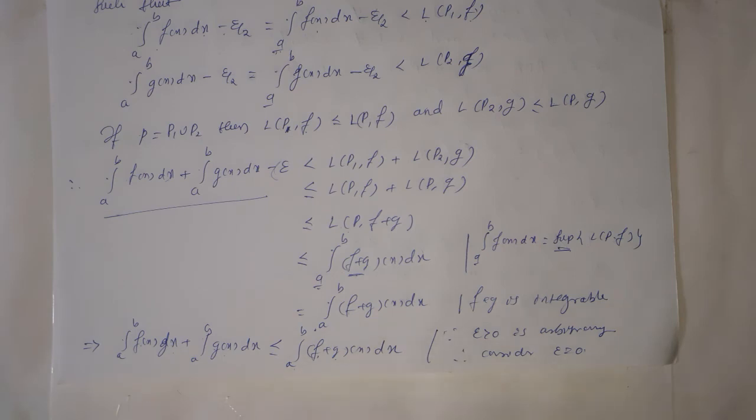Now, we need to prove that these two are equal. We have proved that this one is less than or equal to the integral of f plus g, and in the next part we need to prove that the integral of f plus g is greater than or equal to the integral of f of x plus the integral of g of x.